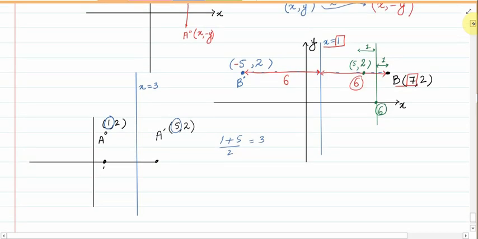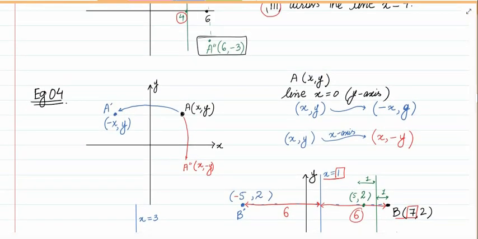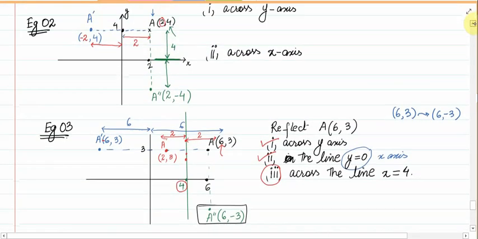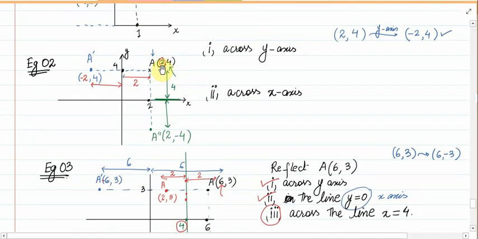In all the above examples, you can witness that, starting with, let's suppose, example number 1, this one. It is 2, 4, distance is 2. That means this line here is the line of reflection. It lies exactly between these two.